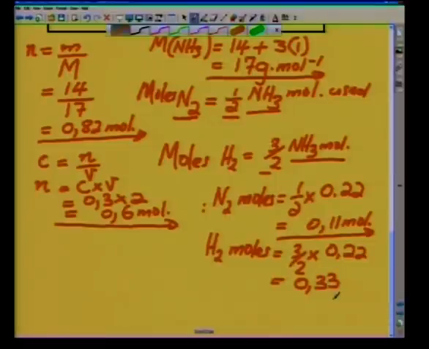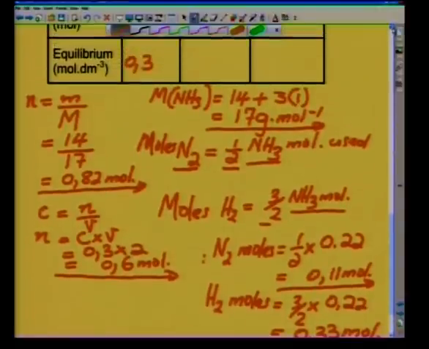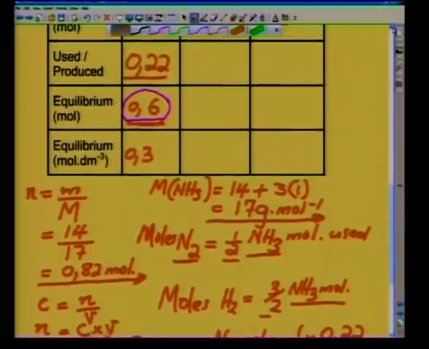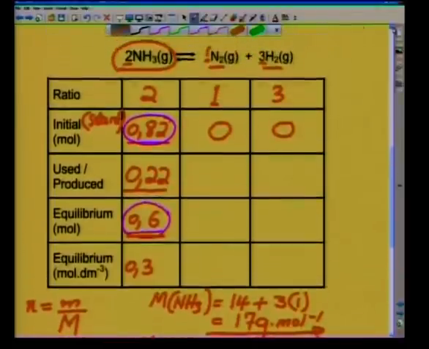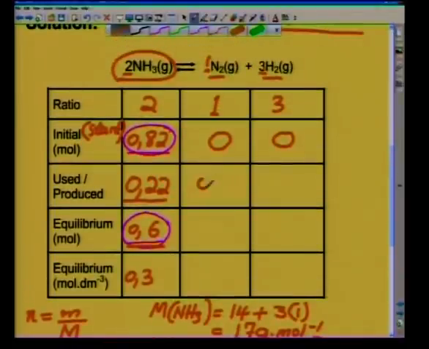So that will be 0.33 moles. So we know this is 0.11. The other one is 0.33. So let's write that down quickly in the right space. N2, 0.11.